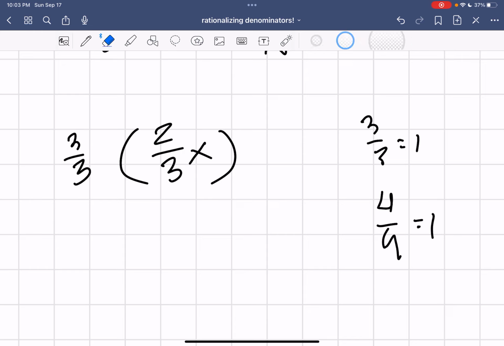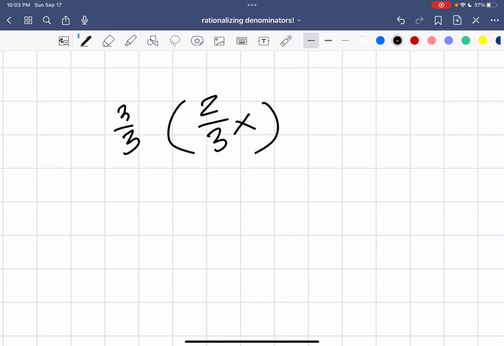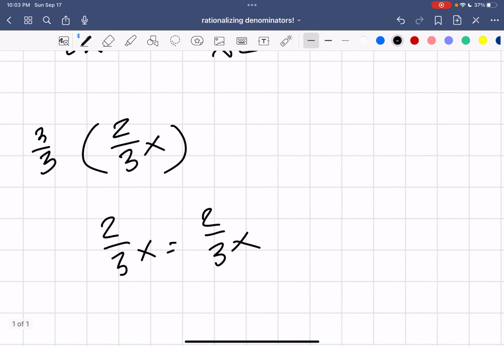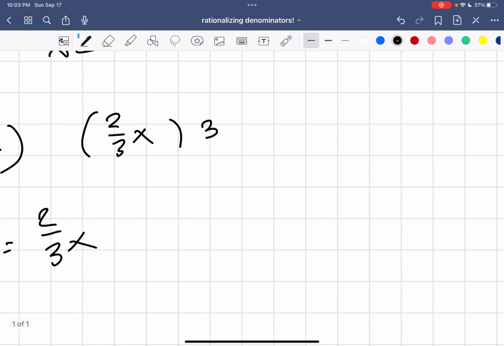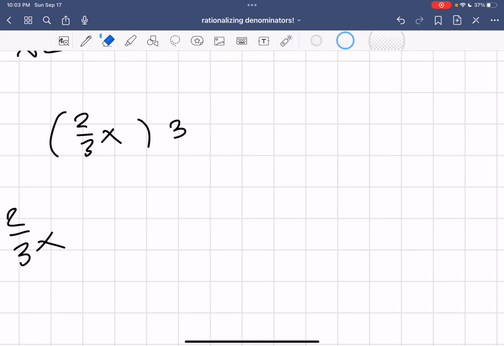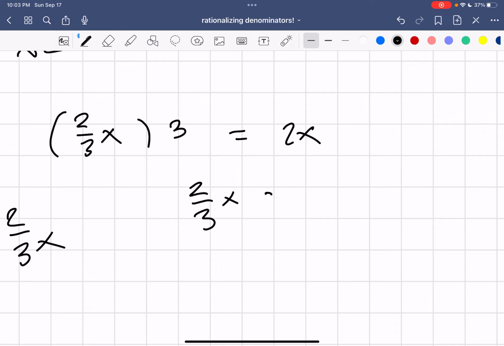All those numbers are equal to 1, right? Because in an expression, the expression still has to equal itself. For example, if you did 2 over 3x times 3, you would get 2x, but 2 over 3x is not equal to 2x, so you did not simplify the expression correctly.